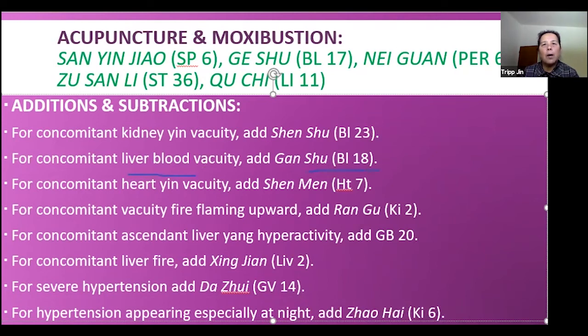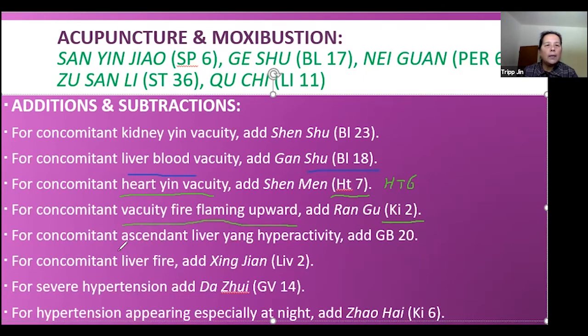Certainly, for deficiency problems we still tonify. And if heart deficiency, we can go to heart 7, even heart 6 can work for heart deficiency. If deficiency kind of heat rushing up, we still go to kidney 2.